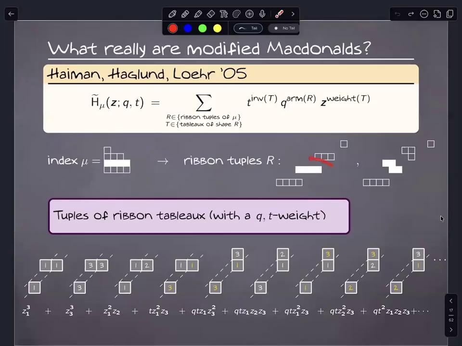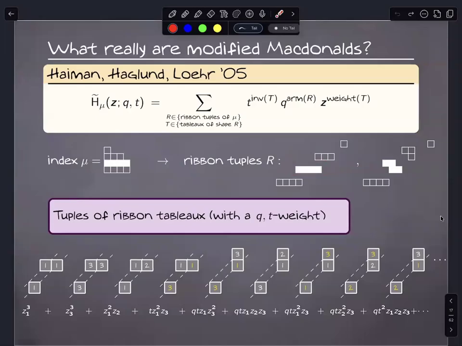So you take this guy and you're allowed to wiggle it into any skew shape that looks like a ribbon. So the Macdonald polynomial is, and then you put tableau in them, literally their usual tableau. So you sum over all the possible tableau you can get by filling tuples of these ribbon shapes. So that's what this is down here.